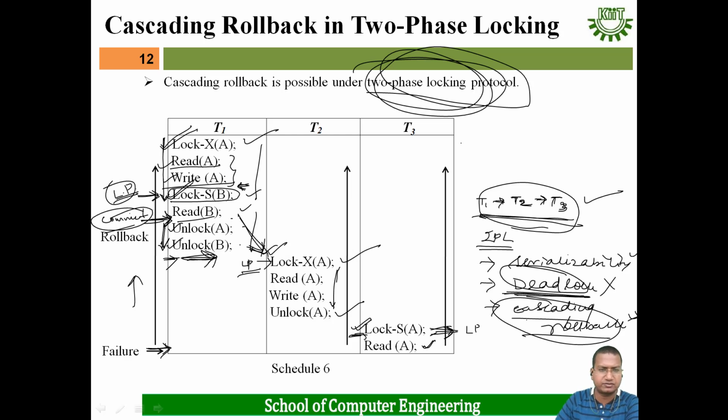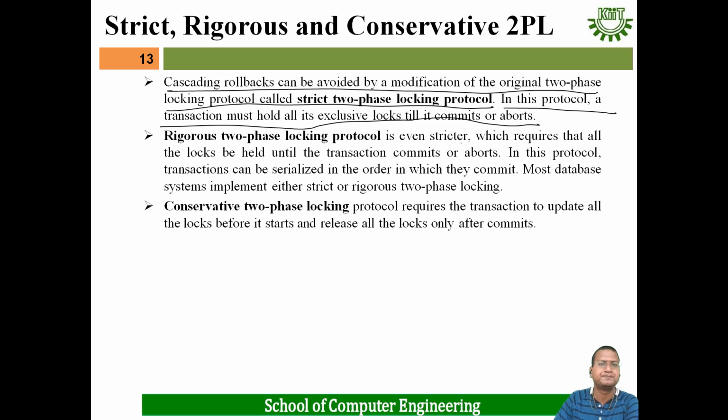If the commit operation is executed here, then no need to roll back this transaction. That means before T2 reads any data items, or before unlocking the data items of transaction T1, if we execute the commit operation, then such a cascading rollback problem will not happen.